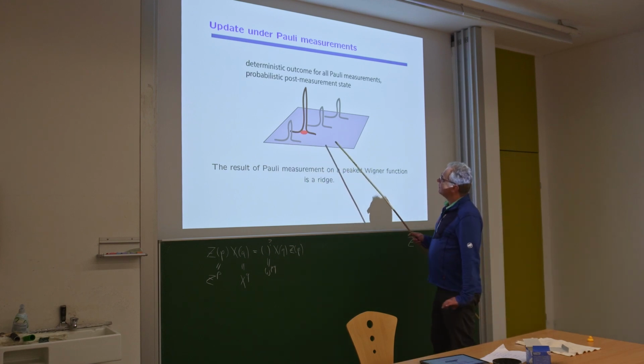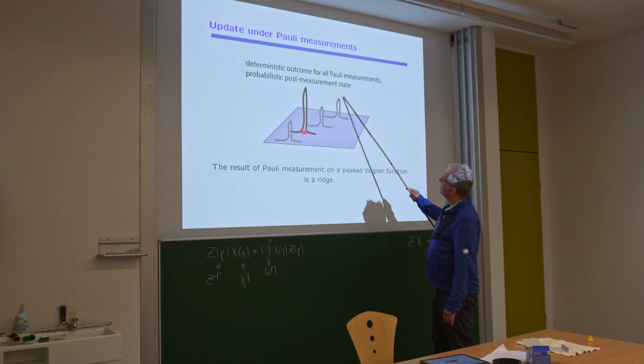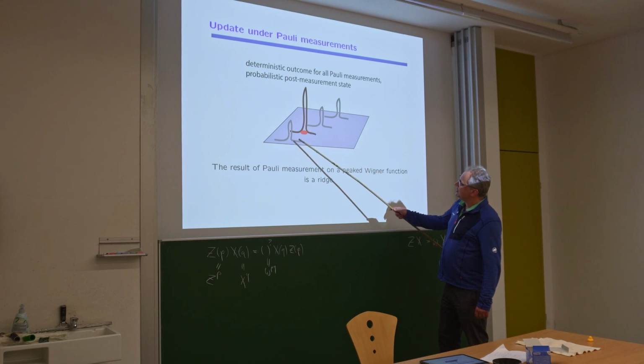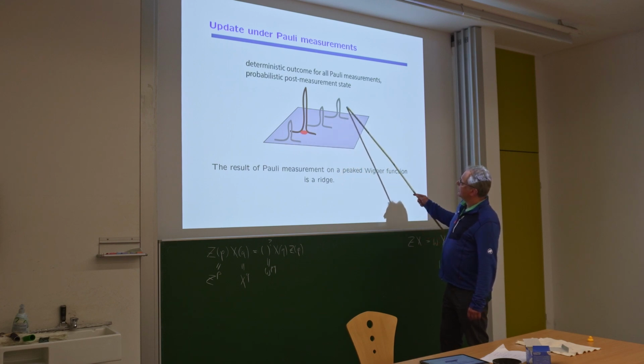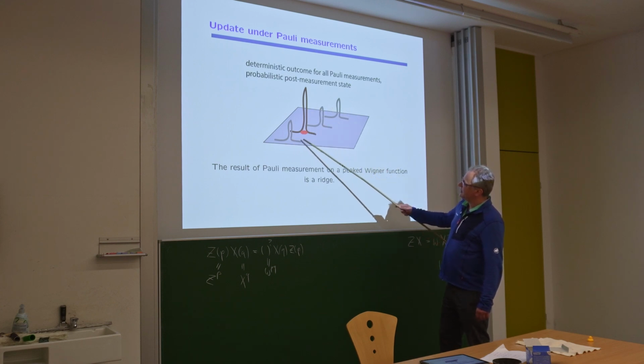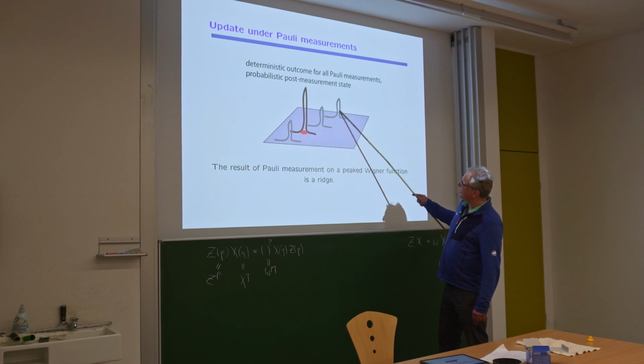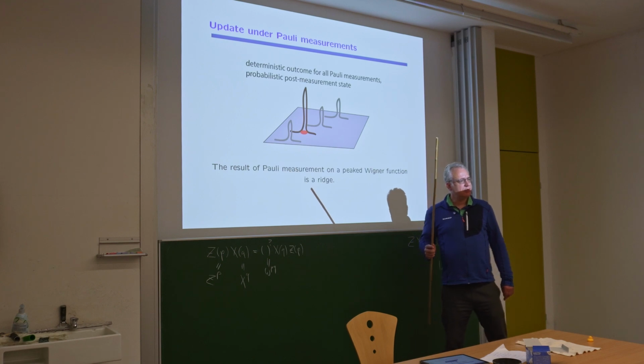And that will also be important for the proof later, that we know that structure exactly, and it is this ridge here. Okay, so previously we had a point, now the resulting Wigner function in gray has support on a line in phase space, and it has the same height everywhere along that line.